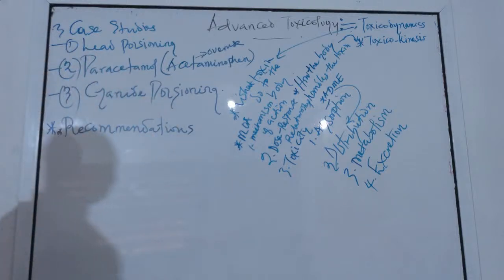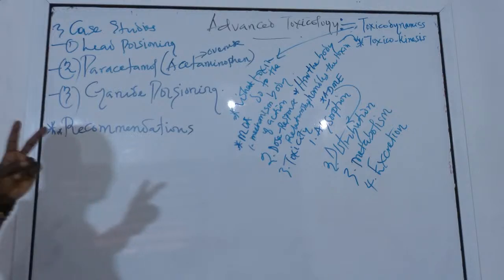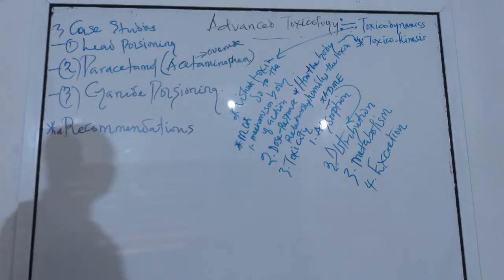on advanced toxicology, we are going to treat two very important parts of toxicology. The first one has to do with toxicokinetics. That is asking how, if somebody is exposed to a toxin, what is going to happen, what are the processes or stages of how that toxic substance is going to be handled by our body.